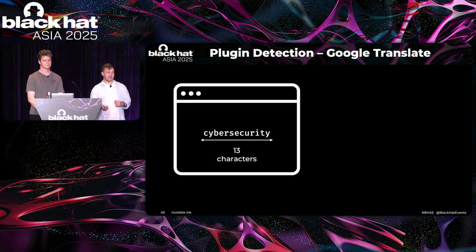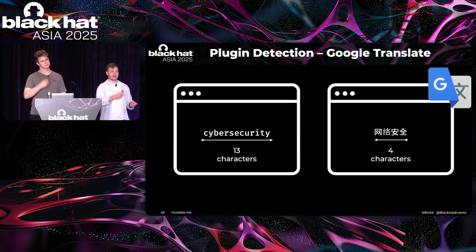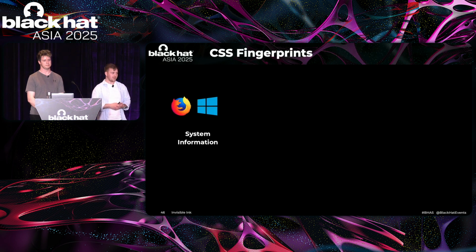But if you translate that now to, for example, Chinese, you only get a width of 4 characters. So not only, depending on the width, do you know that there was translation going on, but the target languages that you translate to are also very unique with respect to their width, such that you can actually differentiate those target languages as well.